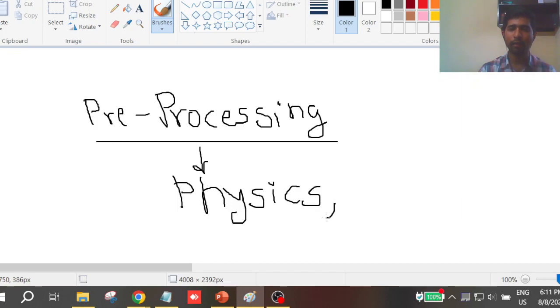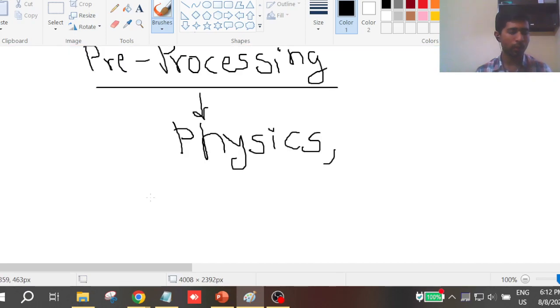What governing equations? Usually it is Navier-Stokes, but you can again approximate Navier-Stokes. For example, if the flow has very less viscosity, then you can ignore the viscous terms and come up with Euler equations. That is the physics. Then in pre-processing, you also have the part of selecting the computational domain, which we will discuss in this week's content, week 2.